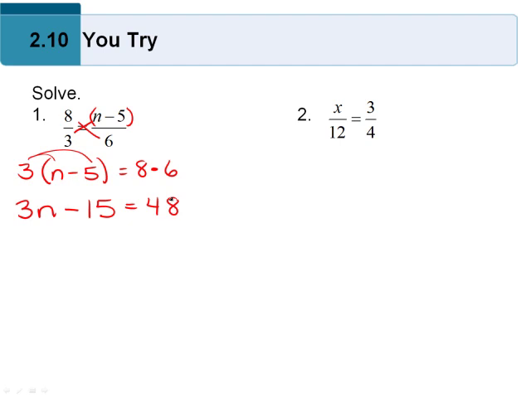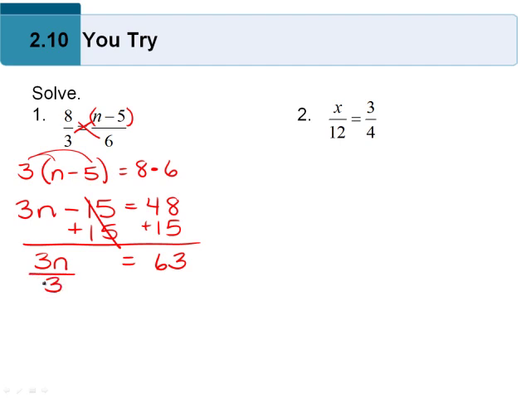Now just look at your equation. You need to get rid of that negative 15, so you add 15, and 3n comes down. We get 63. Then the last step, divide by 3. The 3's cancel, and n equals 21. Not too bad.